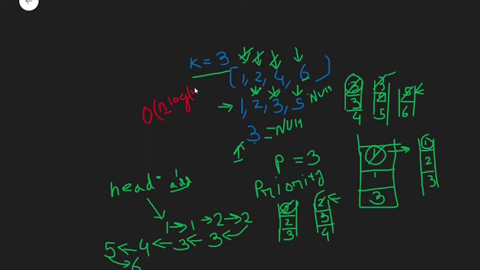Because over here we are taking a min heap, right? And in order to heapify a min heap, we're going to perform a log operation, and the space complexity will be big O of k, because at maximum we can have k number of elements in our priority queue, right? And hence it is big O of k.